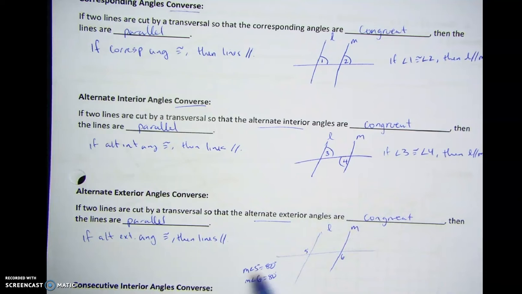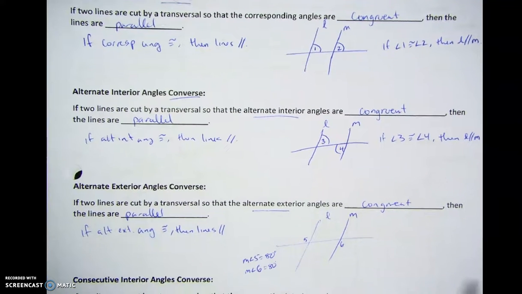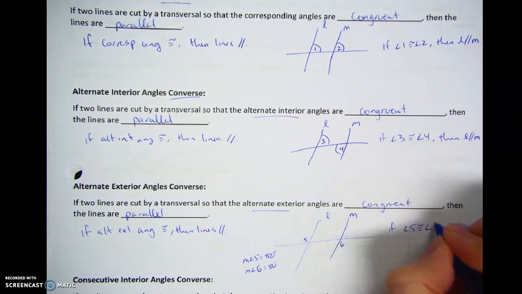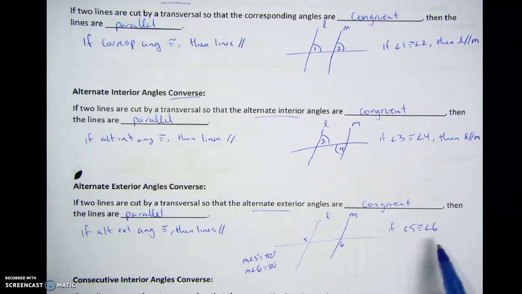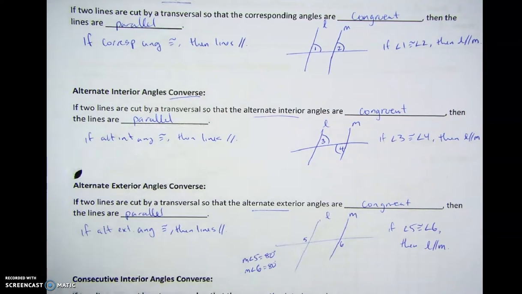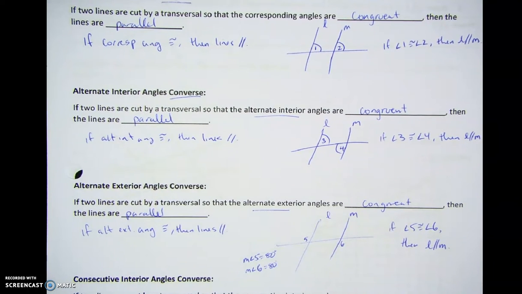So maybe over here somehow we know that they're congruent. And in that case, if angle 5 is congruent to angle 6, and we'd spend a little time explaining that, then L and M are parallel. So again, they have the same purpose no matter what, to show that the lines are parallel.